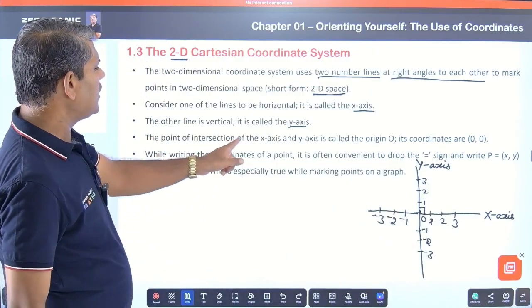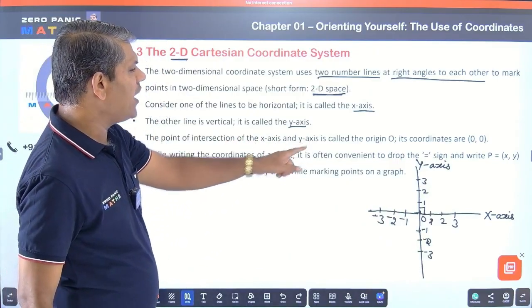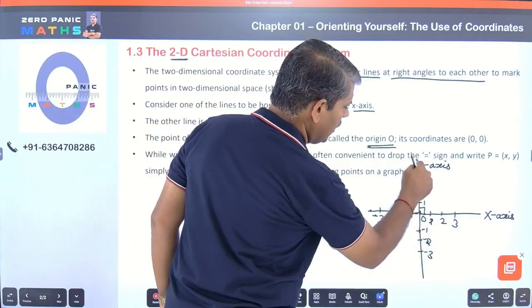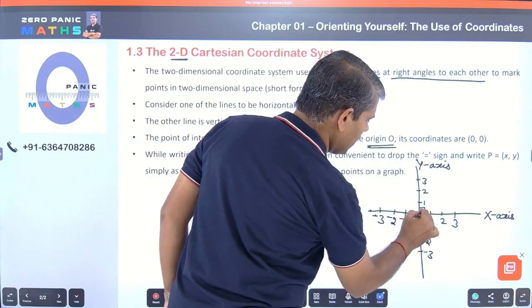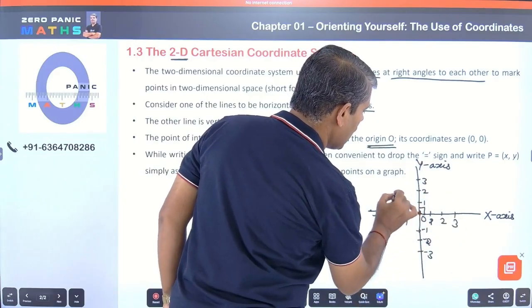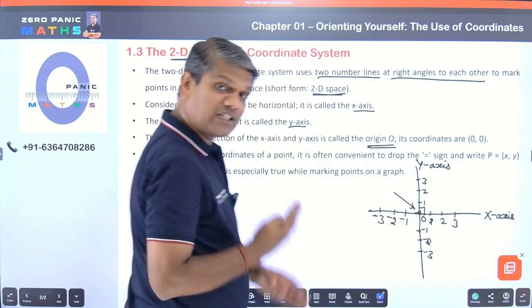The point of intersection of the x-axis and y-axis is called the origin, O. It is where the x-axis and y-axis of this system intersect each other.